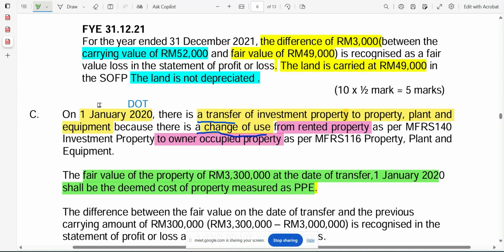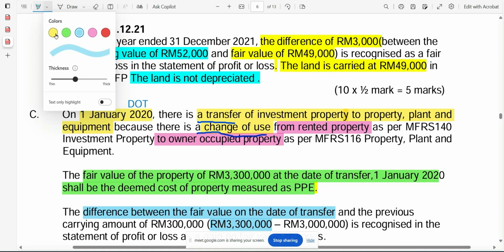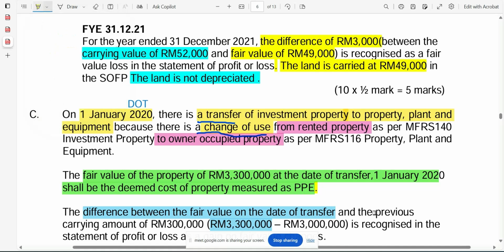Then explain the third one, just about the difference. The difference between the fair value on the date of transfer, 3.3 million, and the previous carrying amount. The previous carrying amount is the amount that you have computed earlier, which refers to the cost of the IP, since IP was not depreciated, as it uses the fair value model.